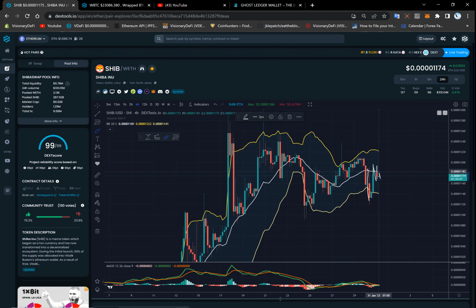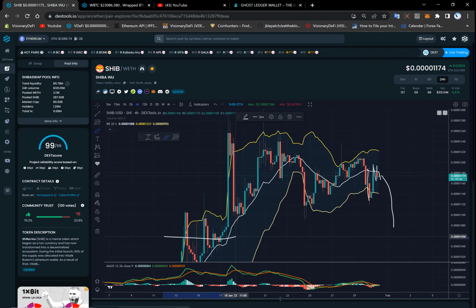So usually after the third time, if price rejects, then what we can expect is price to come below here and test the next support area, which should be around these areas for Shiba, which is around the 40106 to the 40108.